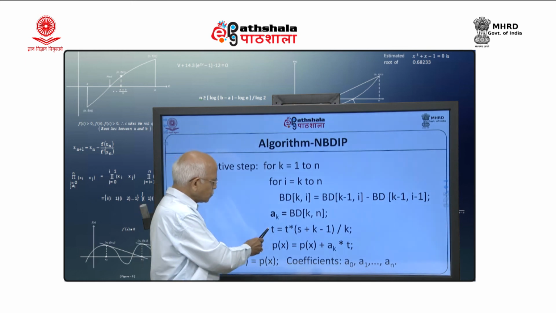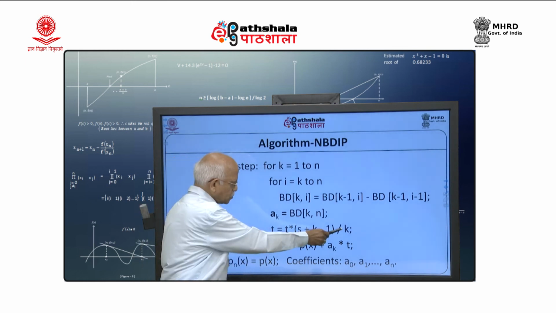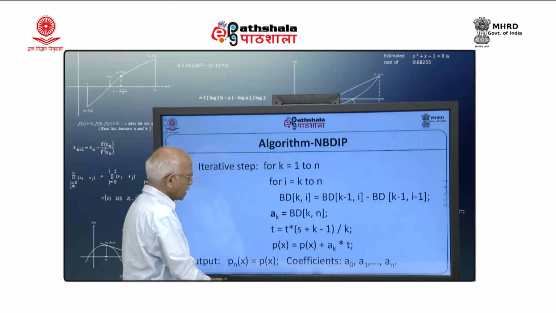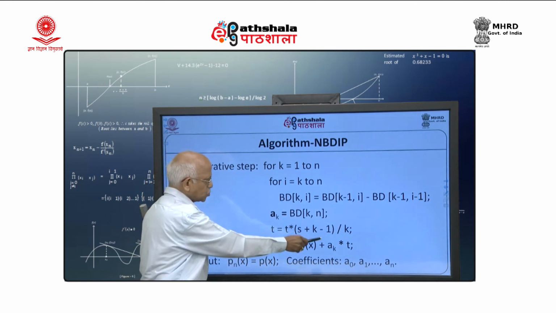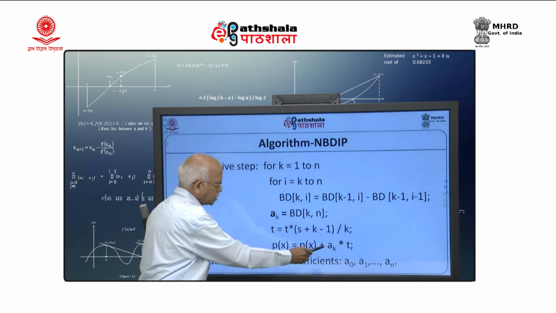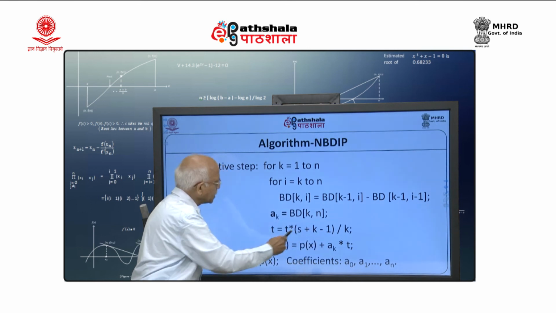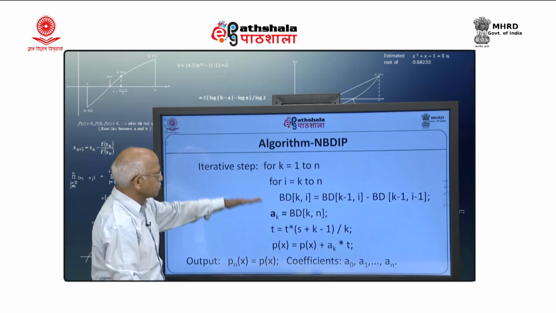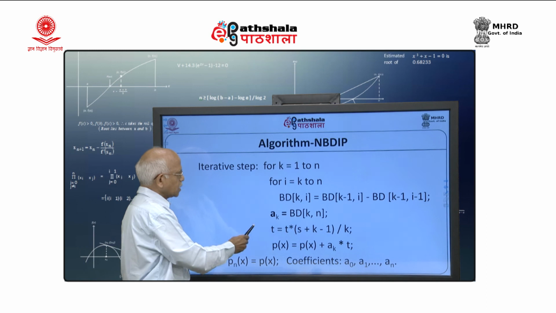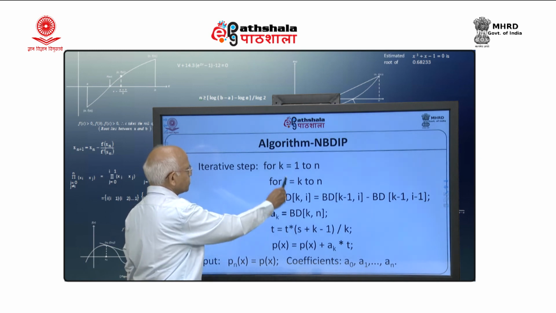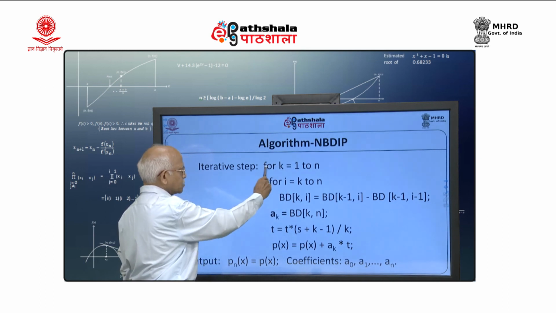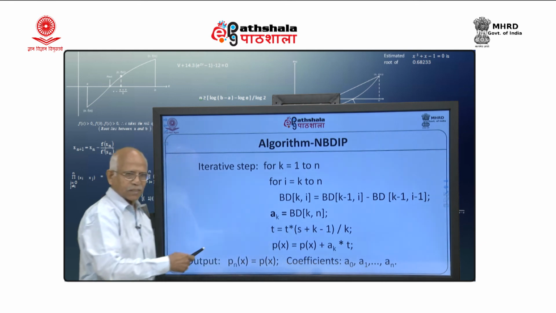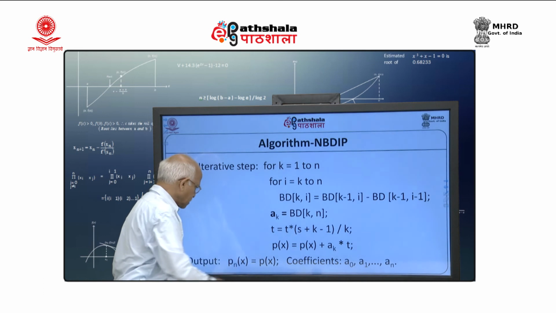So, therefore, term will be taken like this and you divide by k, because k factorial is anyway required in the denominator, and then p x will be equal to p x plus a k times t. So, that term by term we are adding, and when this for loop is over, automatically everything will be computed. So, when this for loop finally gets over, I get everything and I will get a value of p x.